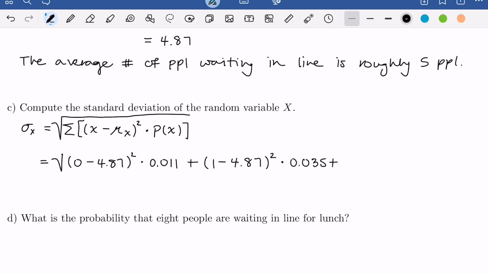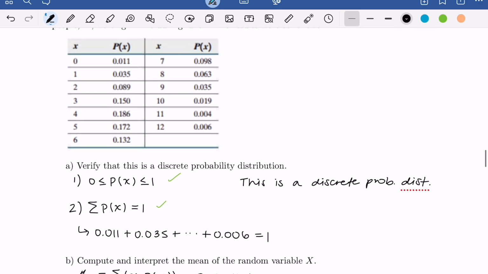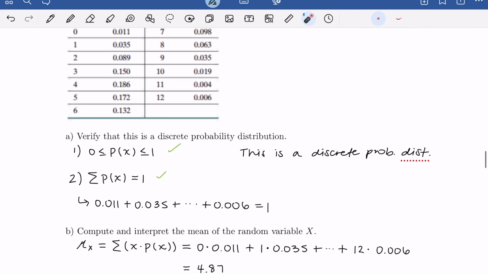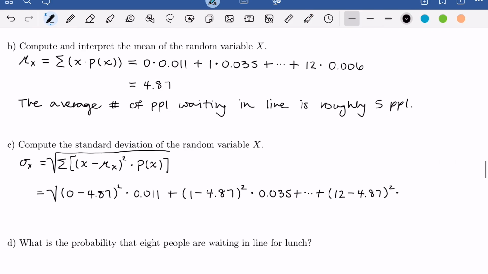All right, and we're going to repeat this process all the way up to our last value, which we know was 12. We're going to subtract out this mean, square it, and then multiply it by the corresponding probability for our value of 12. So this will be 0.006.